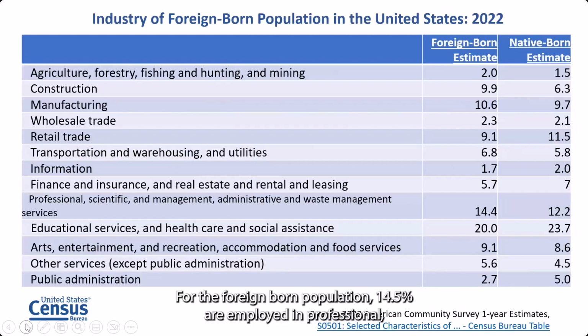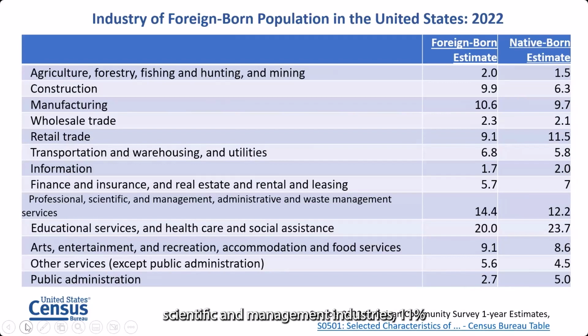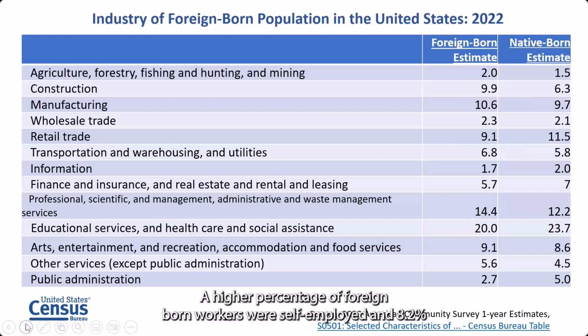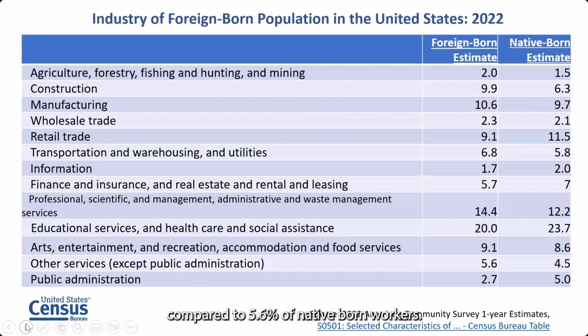For the foreign-born population, 14.5% are employed in professional, scientific, and management industries, 11% in manufacturing, and 9.9% in construction. While not shown here, a higher percentage of foreign-born workers were self-employed at 8.2% compared to 5.6% of native-born workers.